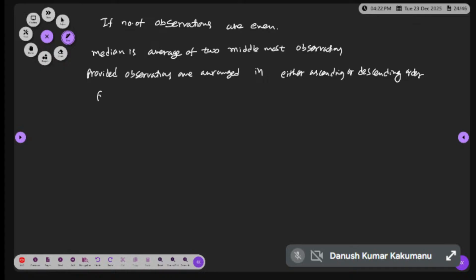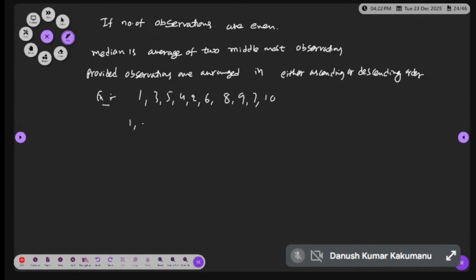Example, if you are taking 1, 3, 5, 4, 2, 6, 8, 9, 7, 10. How many observations are there? 10. Even number of observations. What is the median here?